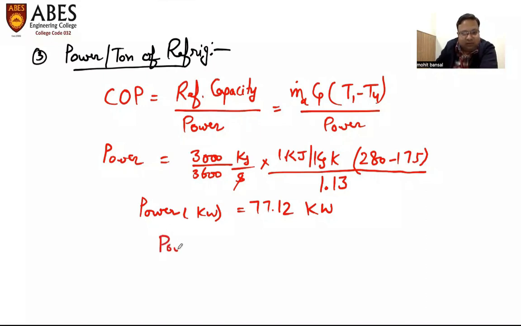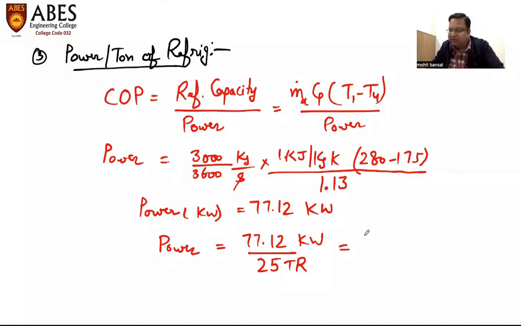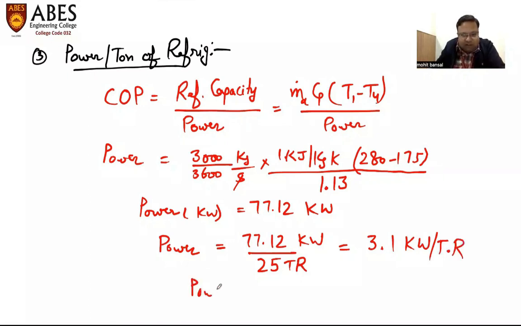So we will just divide the power, 77.12, by the complete capacity, that is 25 TR. 77.12 kilowatt divided by 25 TR comes out to be 3.1 kilowatt per tonnage of refrigeration.